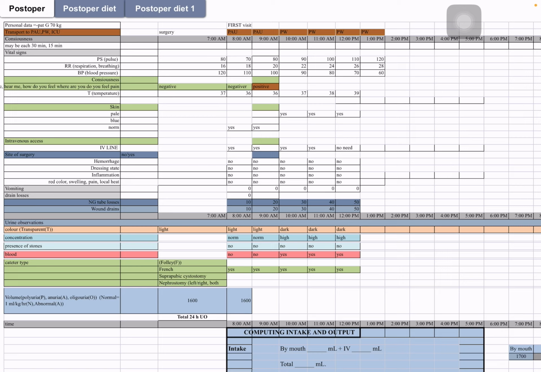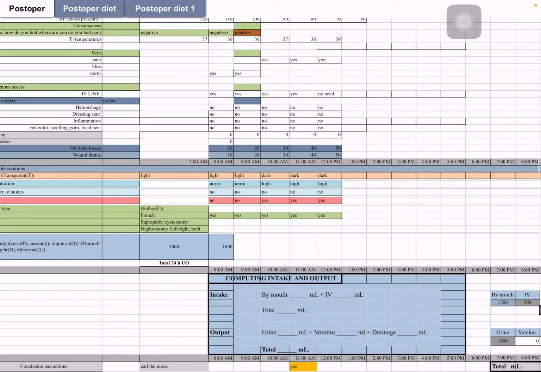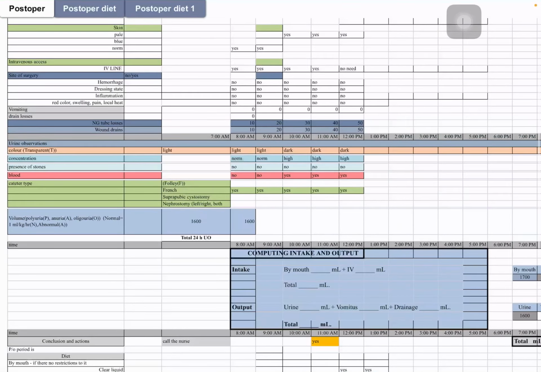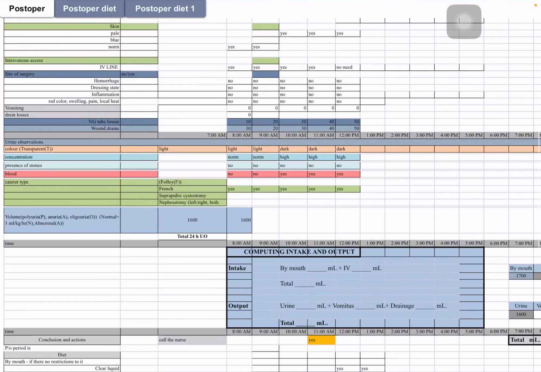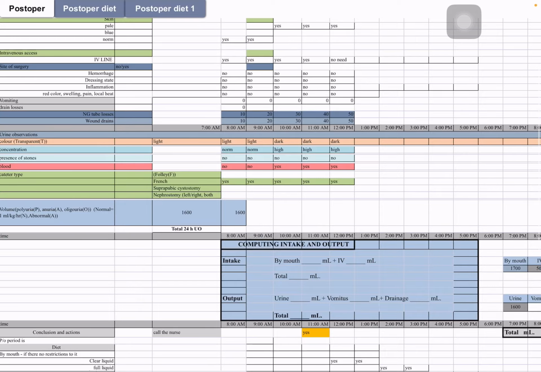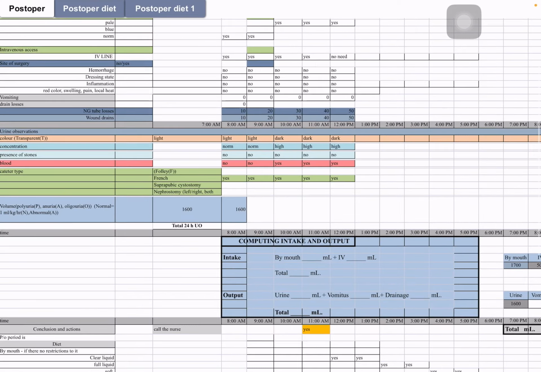And the next one, you have to check the skin, whether it is pale, blue or normal. Next, you have to check whether the intravenous access is available, so whether the IV line is available.